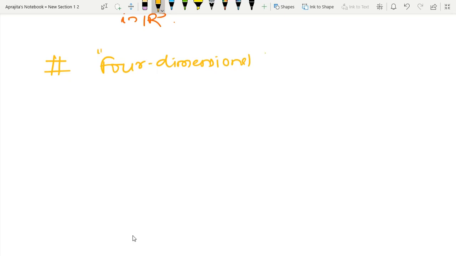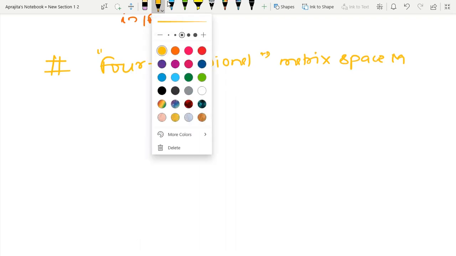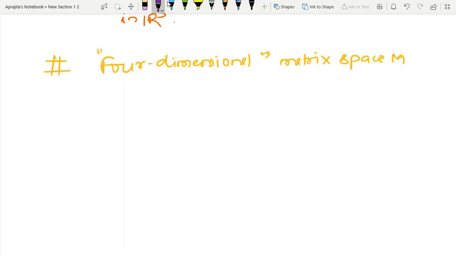Again, please be careful, I haven't defined what is the meaning of dimension. So matrix space M. In order to draw that space, I need four components.